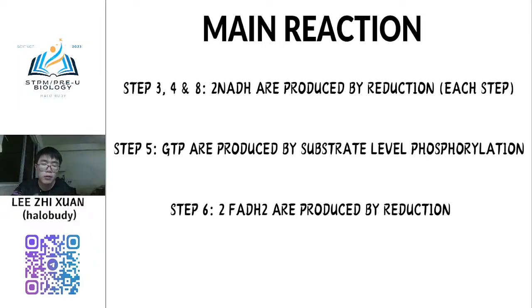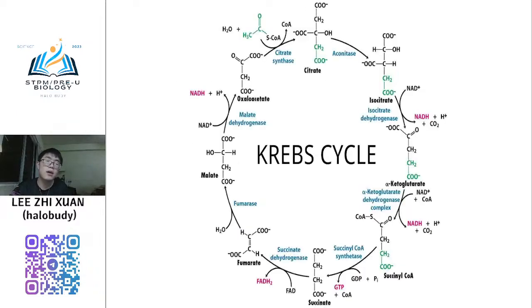Oxaloacetate, right? Oxaloacetate combines with the acetyl CoA through condensation. The condensation reaction forms citrate, and the enzyme used is citrate synthase.